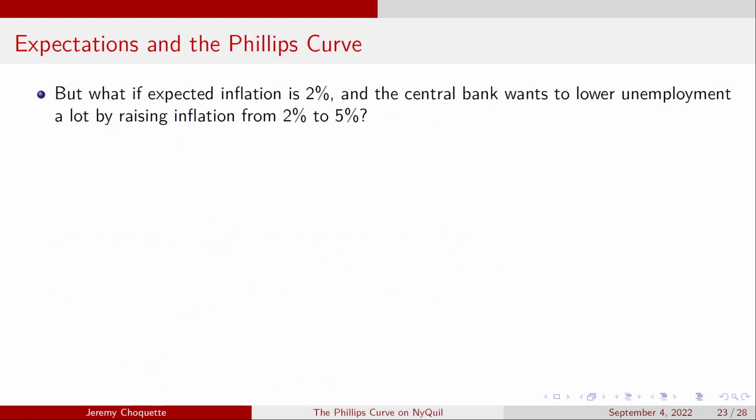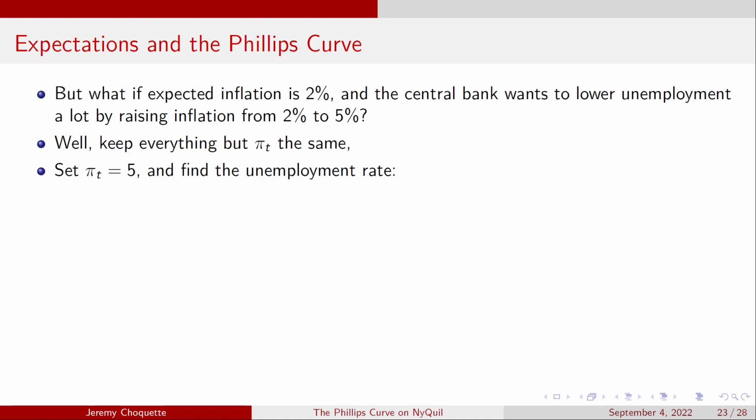But what if expected inflation is 2% and the central bank wants to lower unemployment by raising inflation from, say, 2 to 5%? Well, we're going to keep everything the same as in the previous example. We're just going to let pi t change. I set pi t equal to 5 rather than 2.